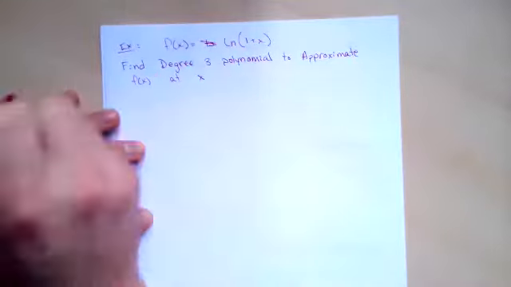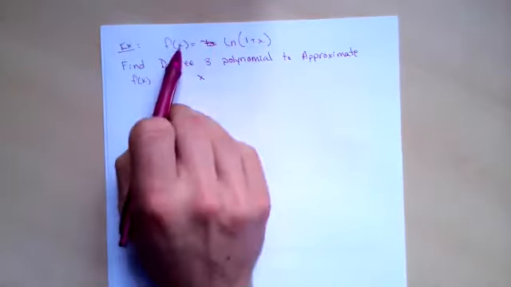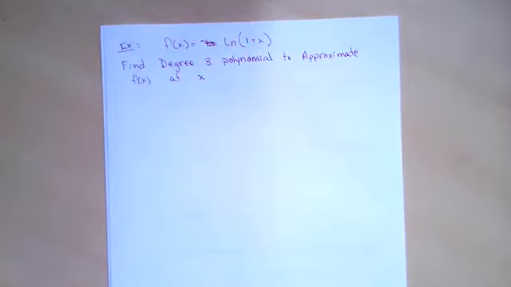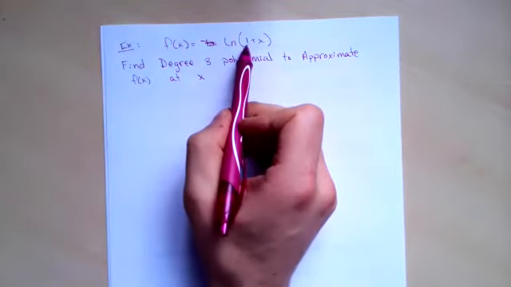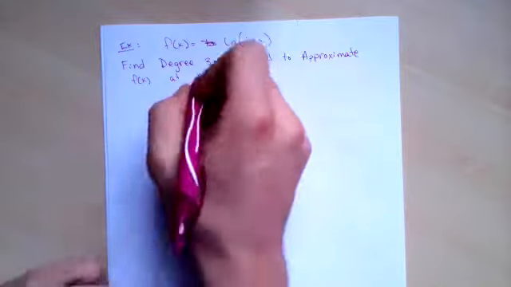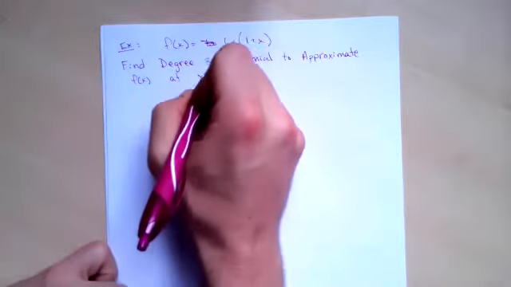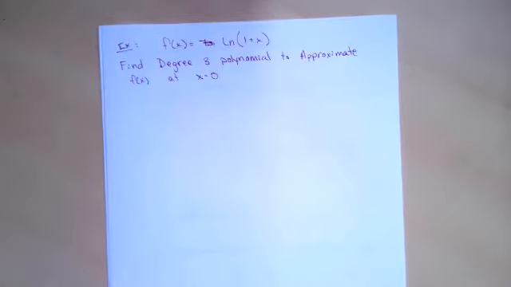What's our special point? We have to pick a point that I can compute. And if it's 1 plus x, I can compute natural log of 1, right? So we're nice enough to have that function shifted in such a way that I can just pick x equals 0.